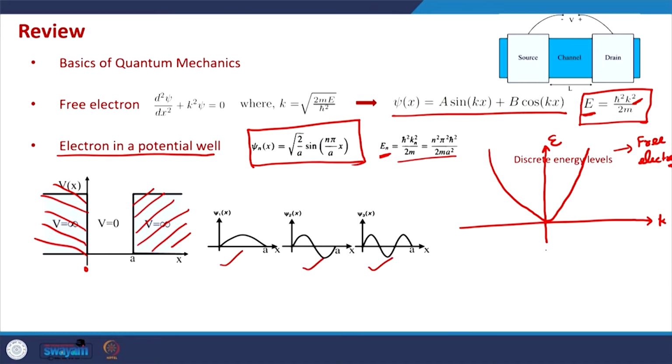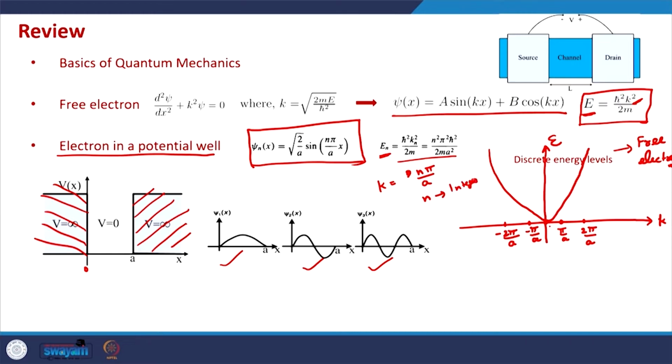And in this case we saw that if we plot the E-k relationship for a particle in a box, it will not be a continuous plot because the energy values do not exist for all k values. The wave number k can only take the values n pi by a, where n is an integer.